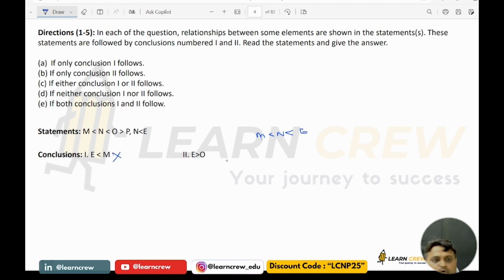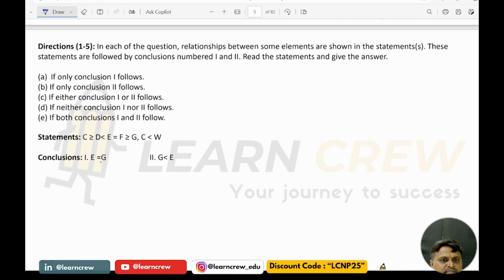Is E greater than O correct? N is less than O, and N is less than E. Between O and E there is no relation, so this cannot be established. So the answer is neither one nor two.